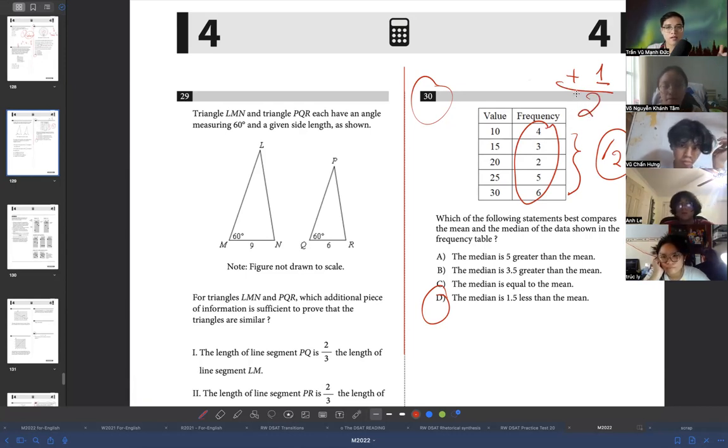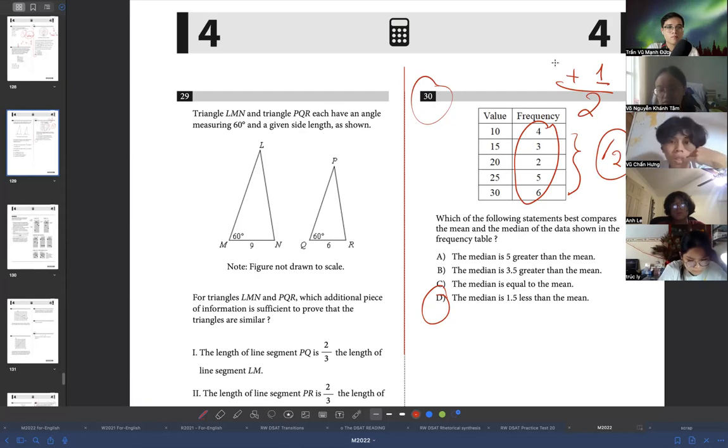Okay, so let's recalculate and see what the median is. It's 10.5. Yes, 10.5 is the position of the median, right?